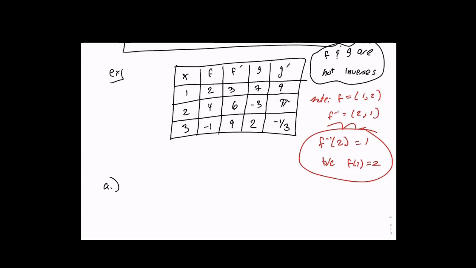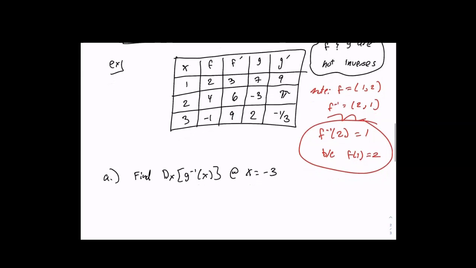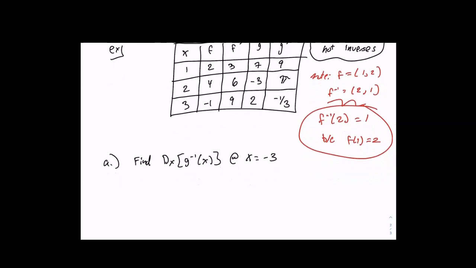Problem example A. Find the derivative of the inverse of g at x equals negative 3. Now this is always interesting because people go, well, there's no x equals 3 or negative 3. Did you mean x equals 3? No, it's the inverse of negative 3.